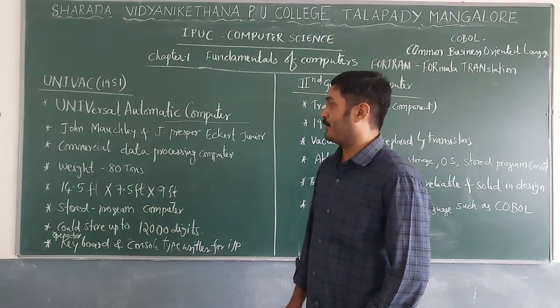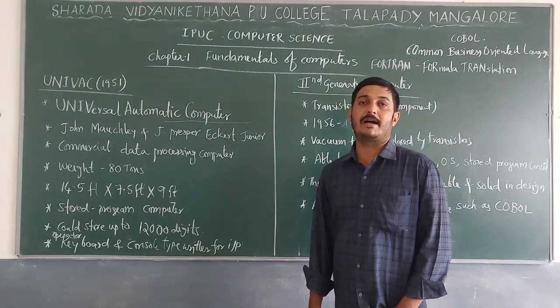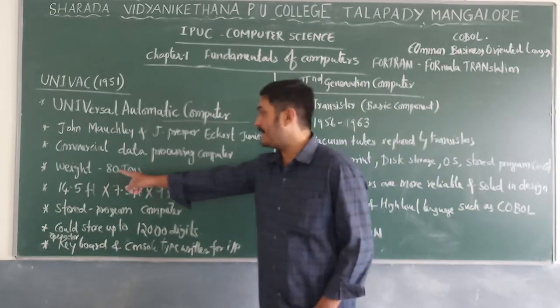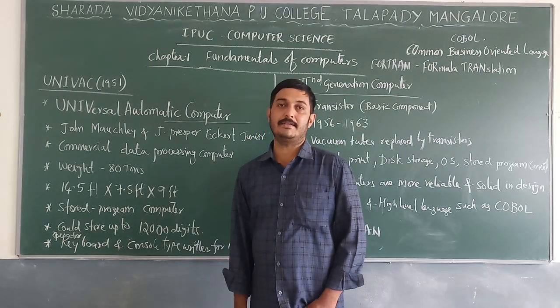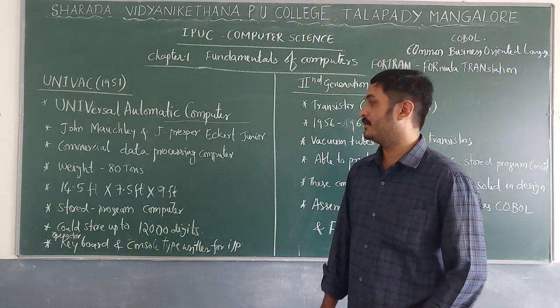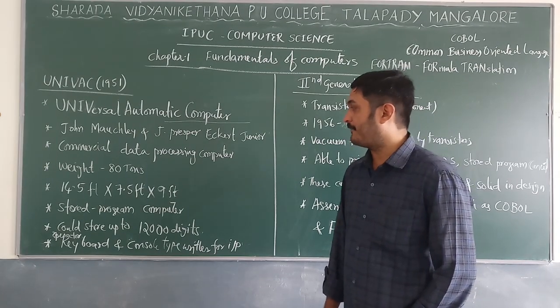UNIVAC is a commercial data processing computer, and its weight is 80 tons, and it occupies 14.5 feet by 7.5 feet by 9 feet.